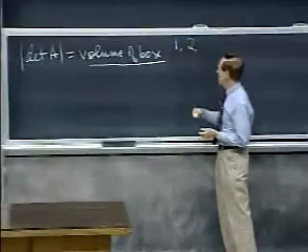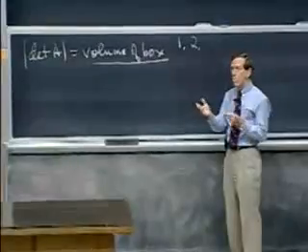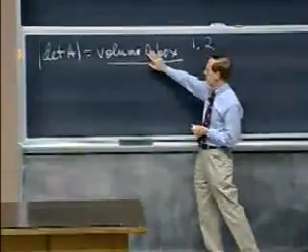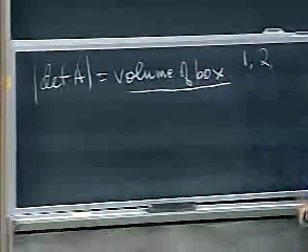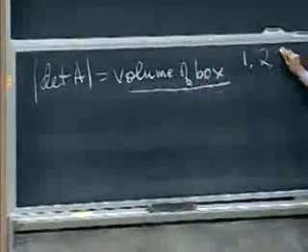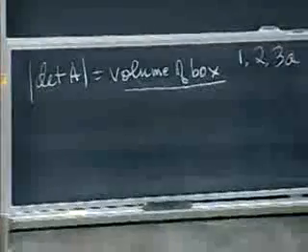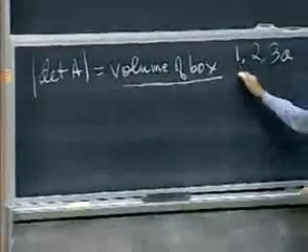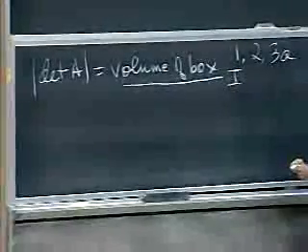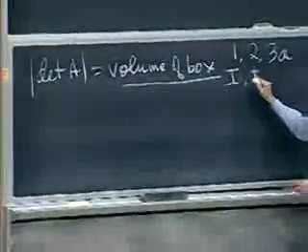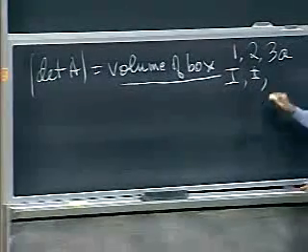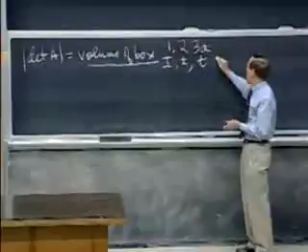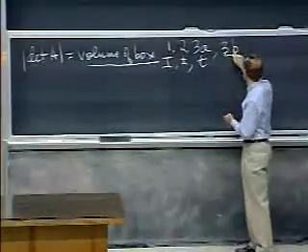Property 2 was if I reverse two rows, but that doesn't change the box, and it doesn't change the absolute value, so no problem there. Property 1 was about the identity matrix. Property 2 was about a plus or minus sign that I don't care about. Property 3A was a factor t in a row. But now I've got property 3B to deal with.